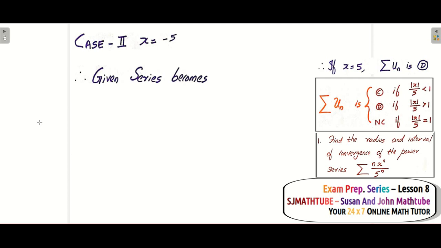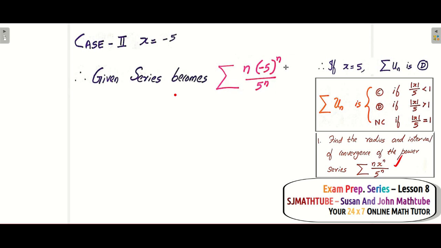Okay, so the given series becomes, I'll repeat, I'm plugging in x is equal to minus 5 over here, and minus 5 actually means minus 1 into 5. And I told you before, ab the whole power n is a power n into b power n.